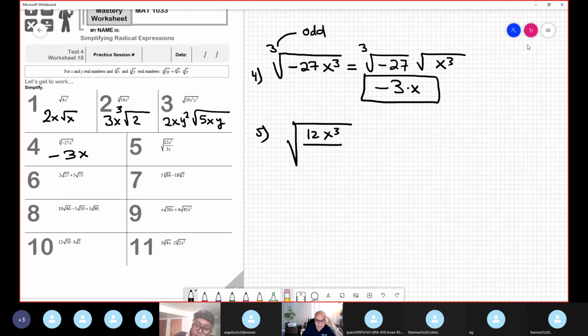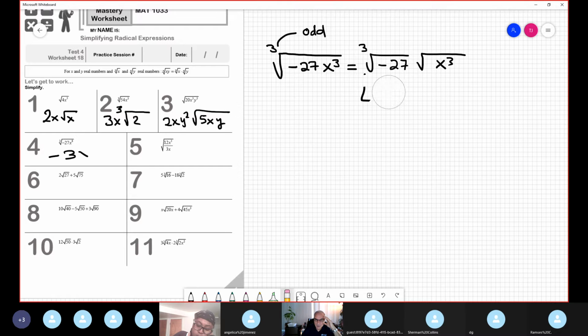It's 8th power, so this is wrong. Okay, let me erase the last part. This is not 3, this is 8. Okay, this is -3 again. But this is okay, x to the 8th power.